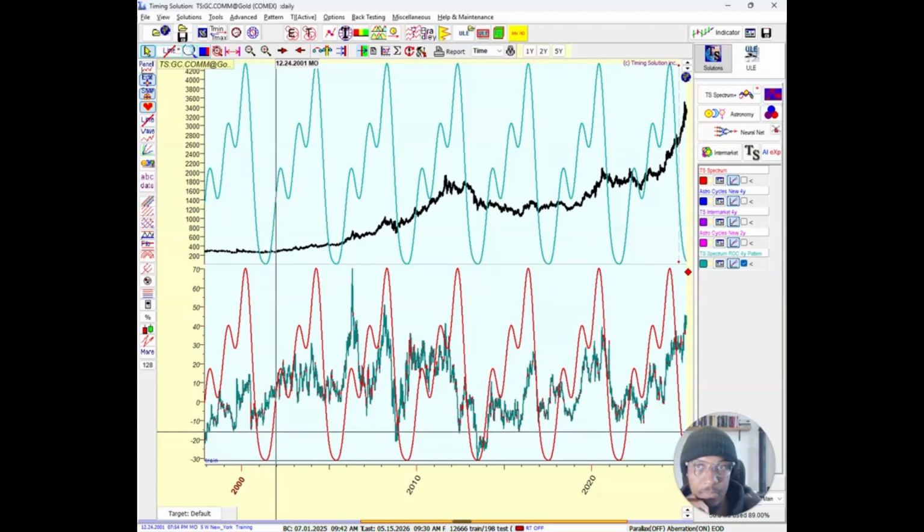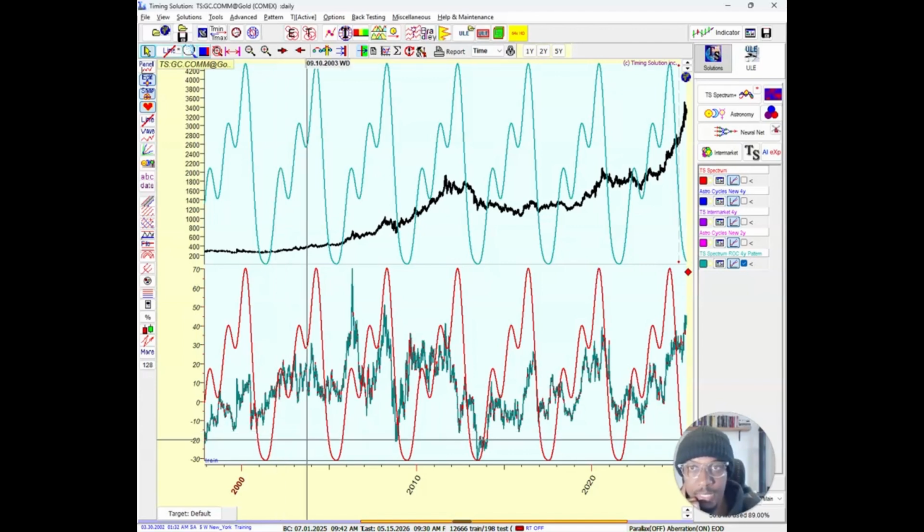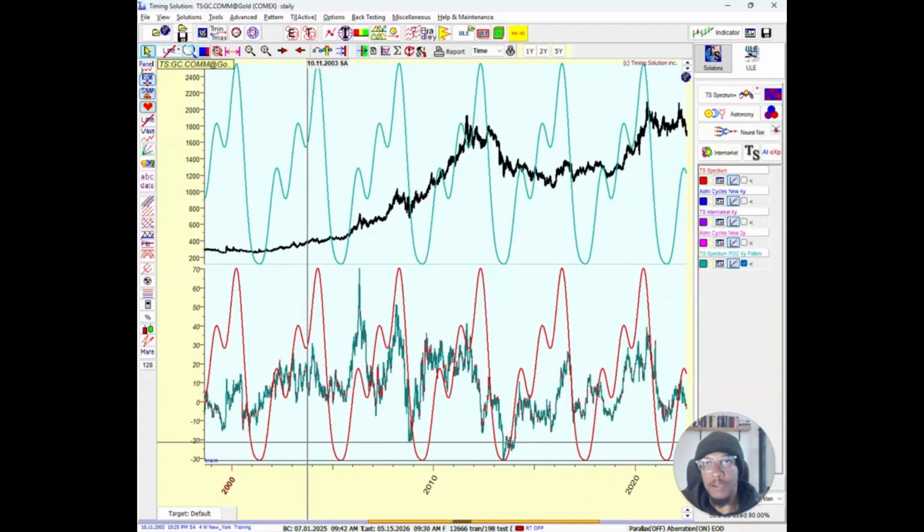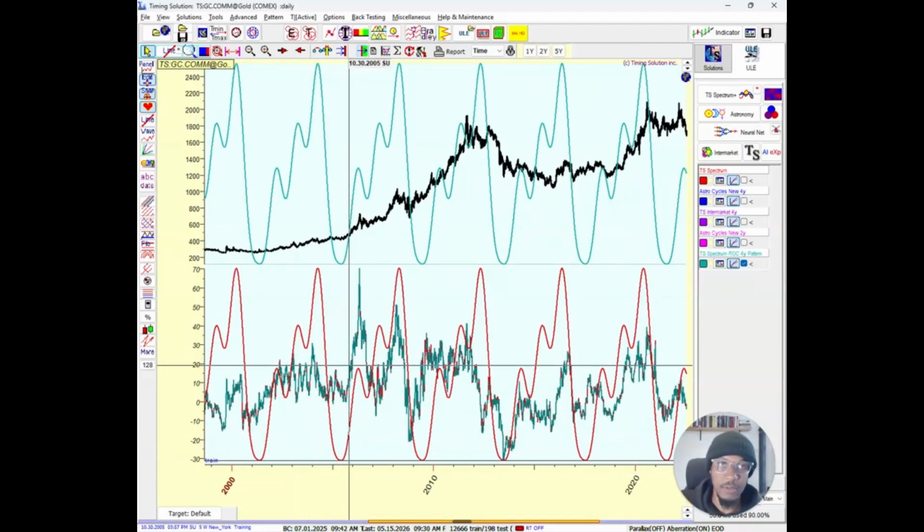It appears that, on average, every 4 years, the price of gold either declines relatively severely, or it slows down, consolidates and goes sideways in what is a long-term uptrend. That is the dominant periodic pattern in the price history of gold.